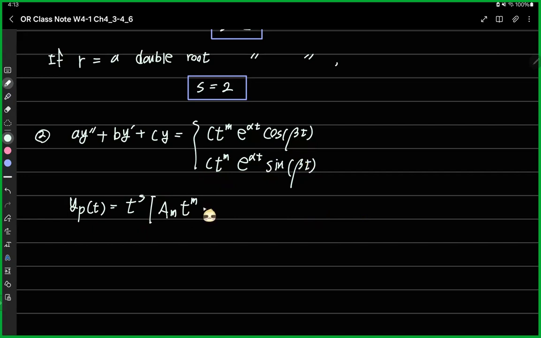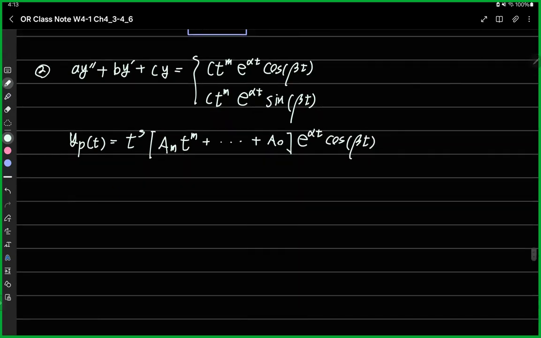So plus through a0, and then e to the alpha t cosine beta t. Now plus t to the s power and then Bm t to the m's power plus through B0, e to the alpha t sine beta t.